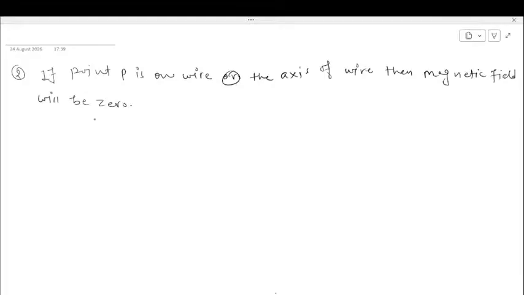This is the wire, and this is the current flowing in the wire. If the magnetic field is asked at this point, then the magnetic field is 0.